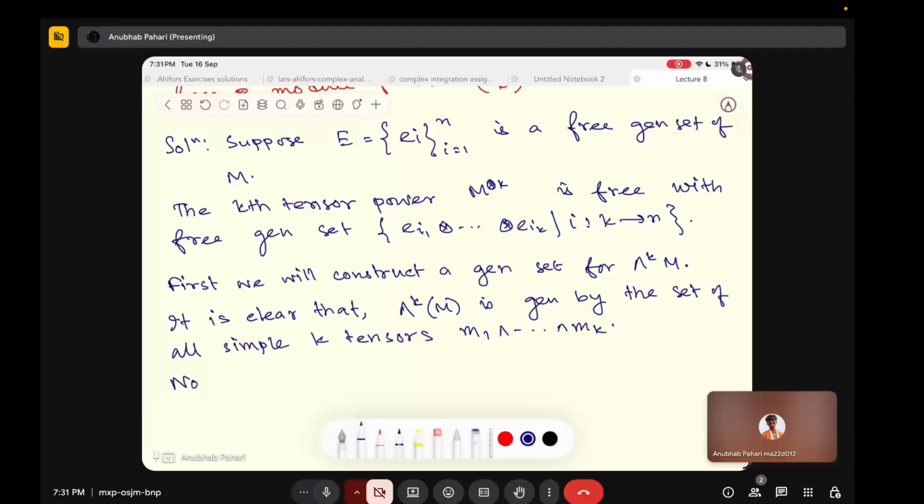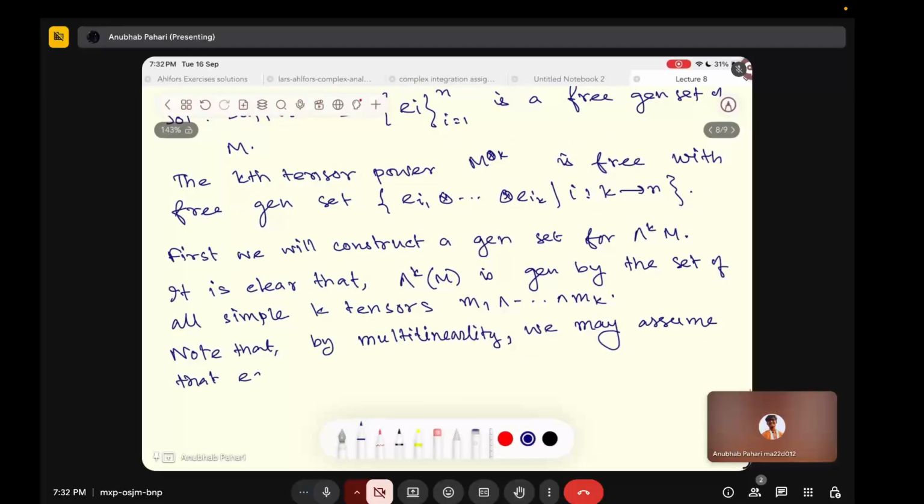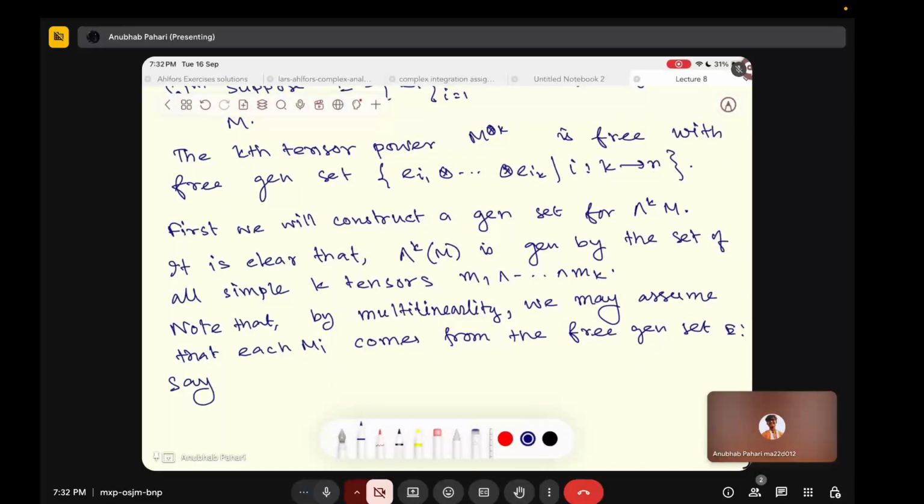Note that by multilinearity we may assume that each mi comes from the free generating set E, say e_i1 exterior up to e_ik.